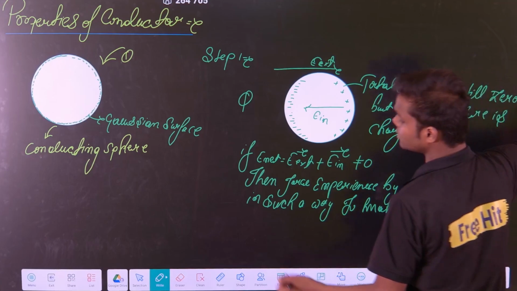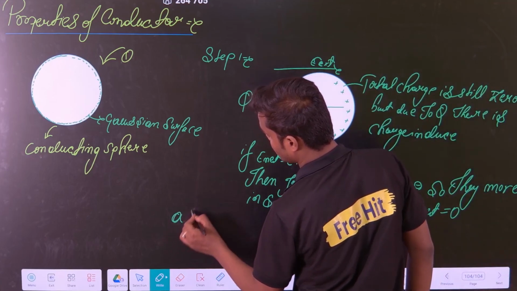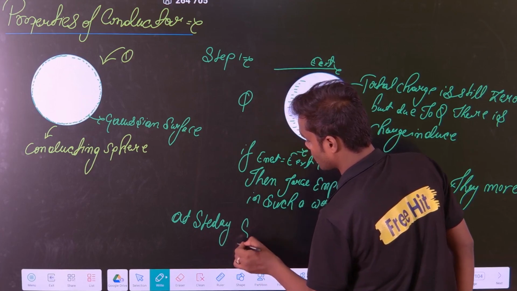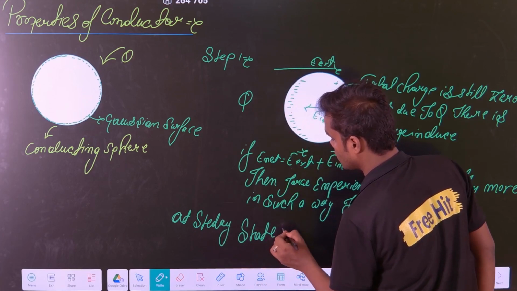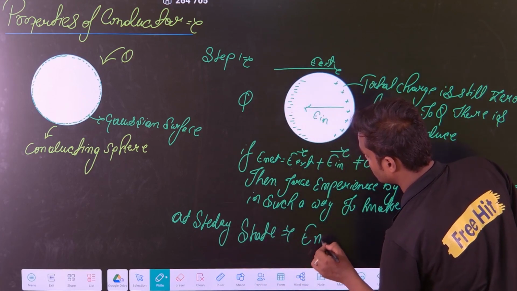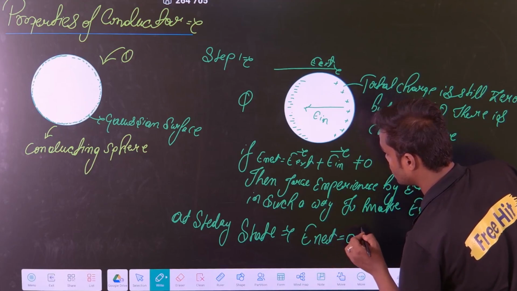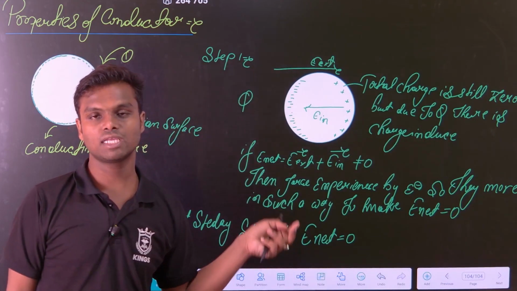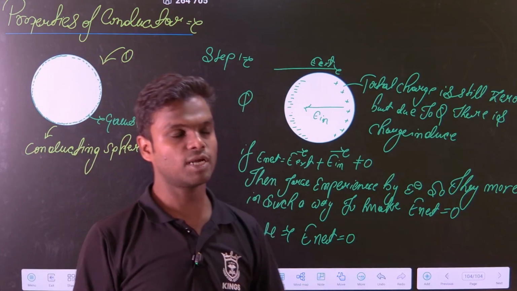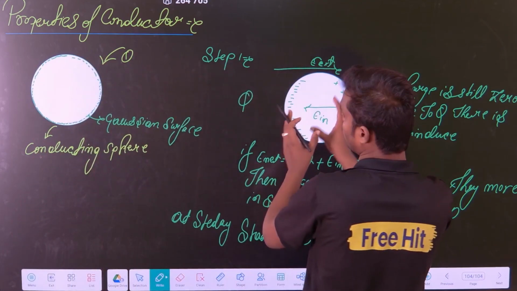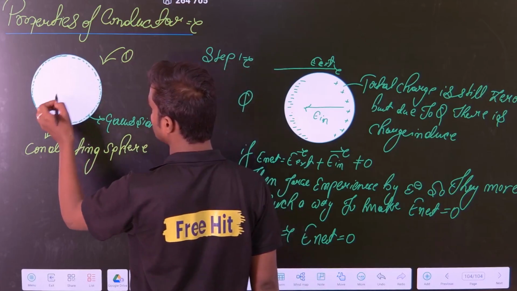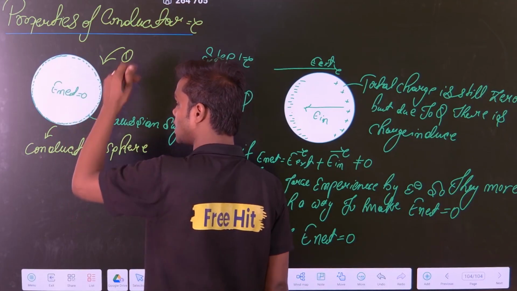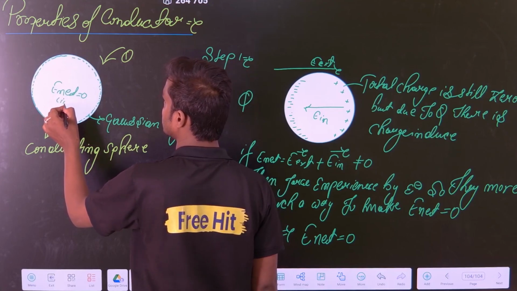So finally, at a steady state, what will happen? At a steady state, my E net will be 0. This is what happens when you bring a charge near the conductor: the total internal electric field automatically becomes 0. So the electric field will always be 0 inside, correct?